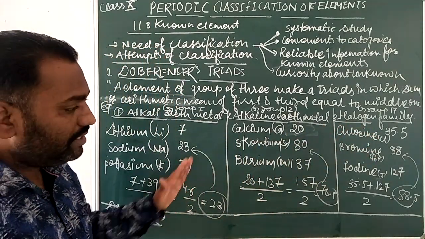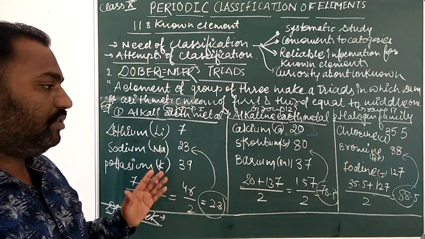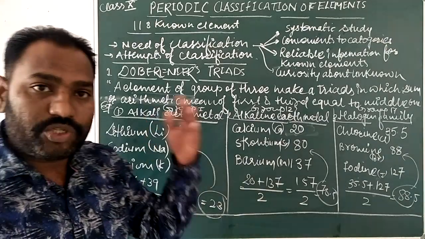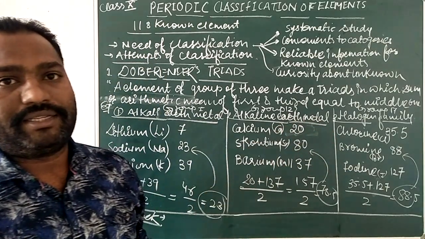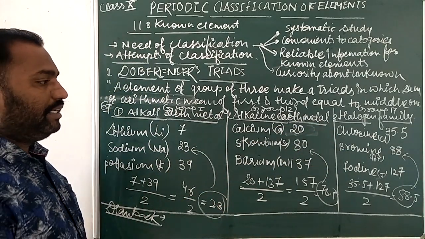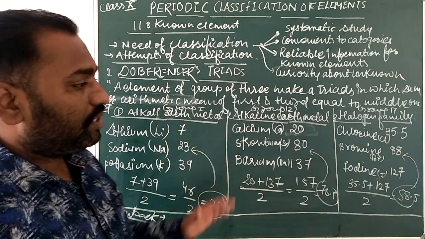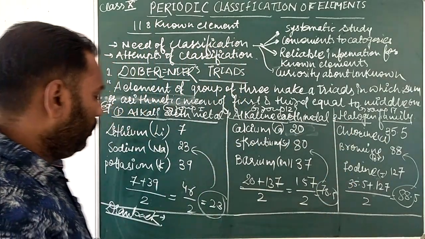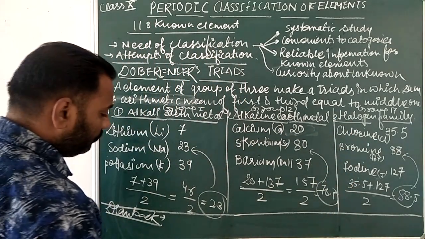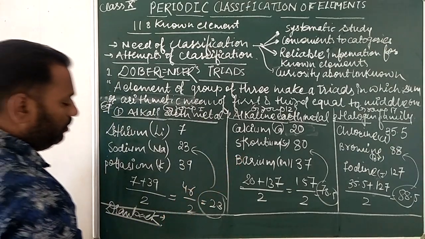After these 3 triads, no such arrangements can happen of 3 elements. In other words, no such triads can be formed after that. So what is the drawback for that?